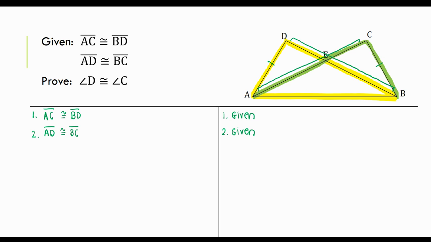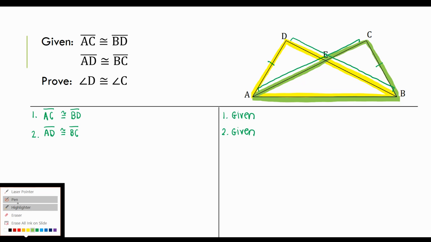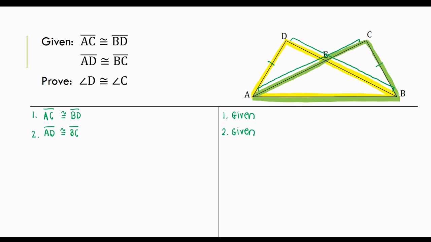We said AC was this side. Those two are sides that were marked up because of our givens. Notice that you can make a triangle with that side. So there are our 3 sides. Notice that the angle C that we want to prove congruent to angle D is within that triangle. So the triangles that we want to try to prove are that ADB is congruent to BCA.